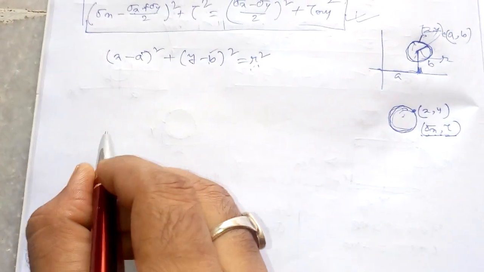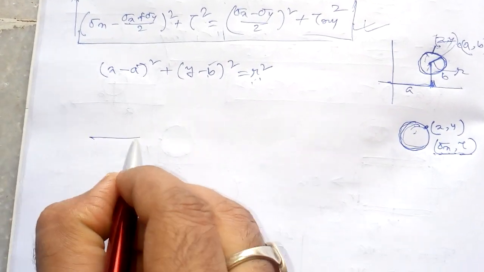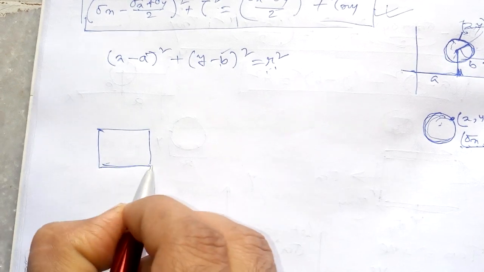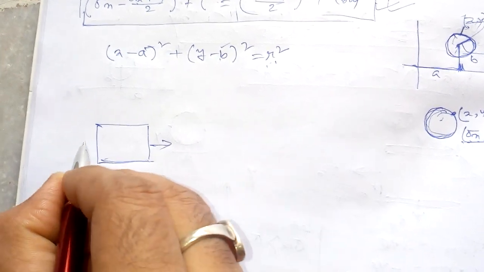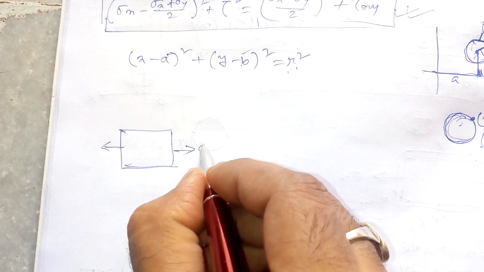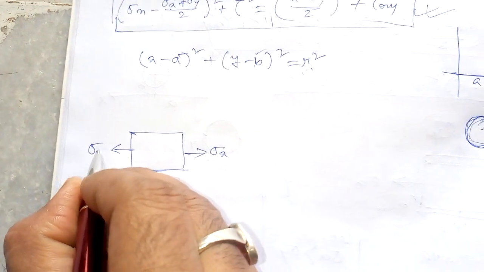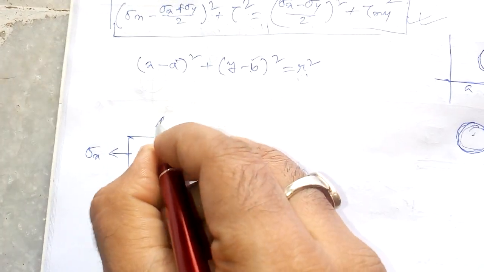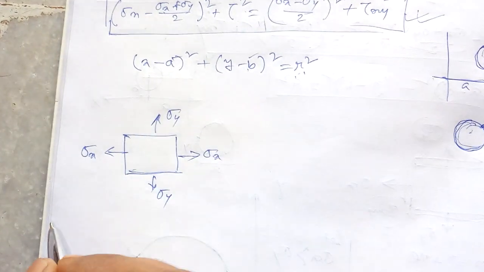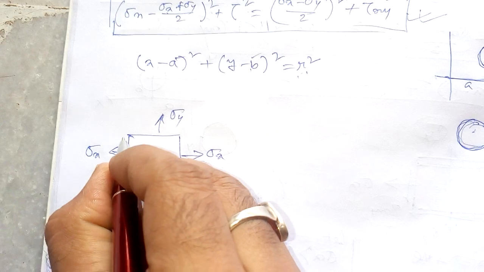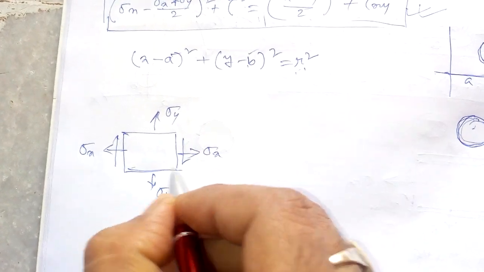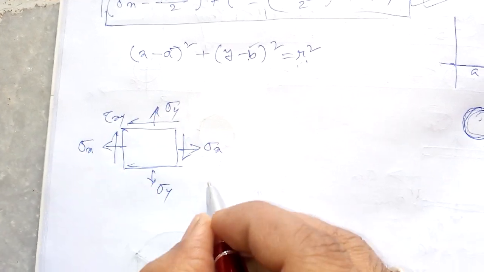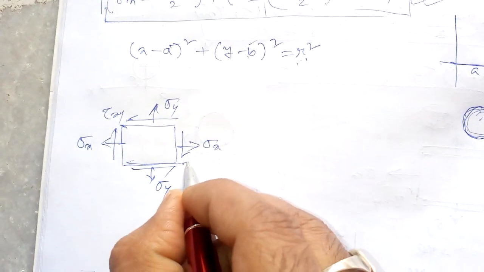Let us take the example we did for the last case, that is the most general case. That is, if a two-dimensional body is subjected to direct stresses in both the directions, sigma x and sigma y, as well as the shear stresses in all the directions, that is tau xy and tau xy.